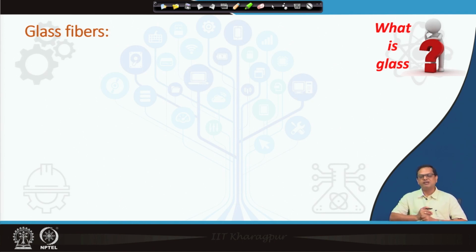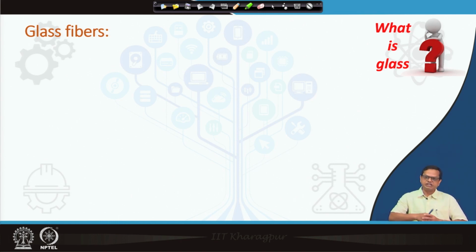Now, an amorphous structure could be both metallic and non-metallic. In this particular class, when we are talking about glass fibers, we are talking about ceramic glasses. So, it is a non-crystalline, amorphous structure made of ceramic material.